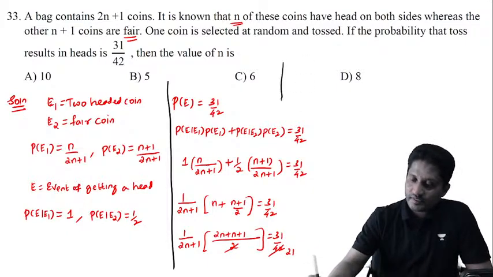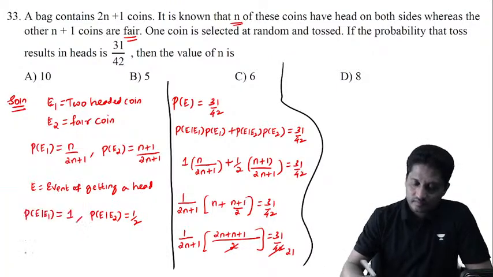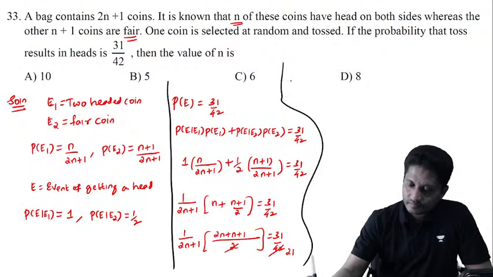Now if I simplify, 2n plus n will be equal to 3n, right? So this is 3n plus 1 by 2n plus 1 is equal to 31/21.